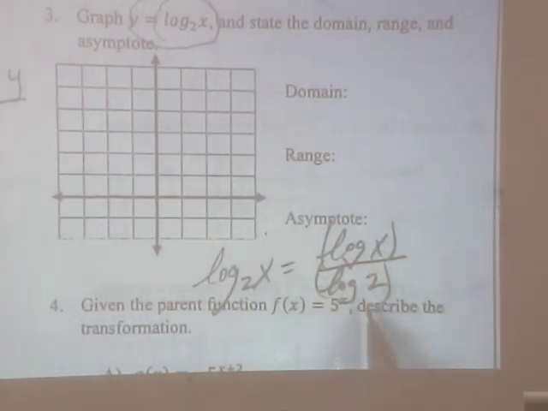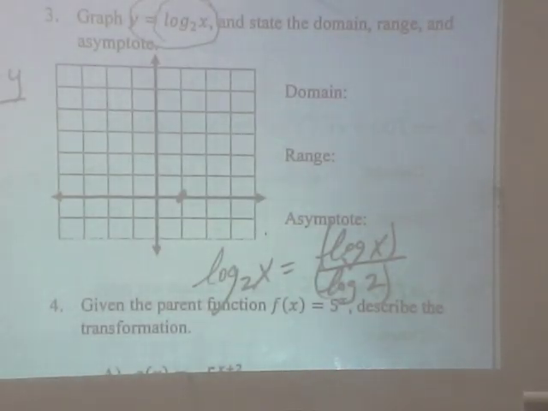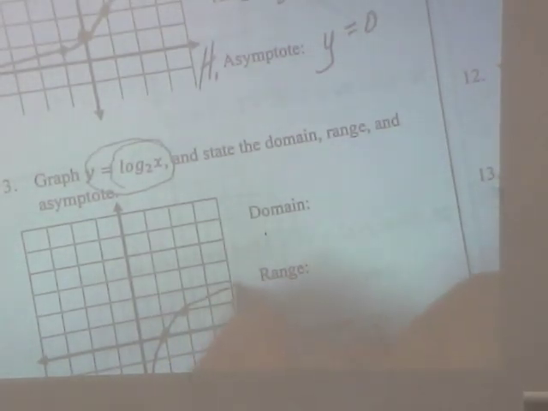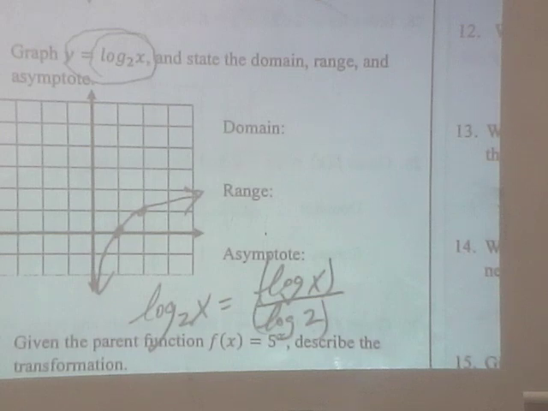The x goes up top, the 2 goes to the bottom. If you plug that in your calculator, you're probably going to get something like that. Is that pretty close?